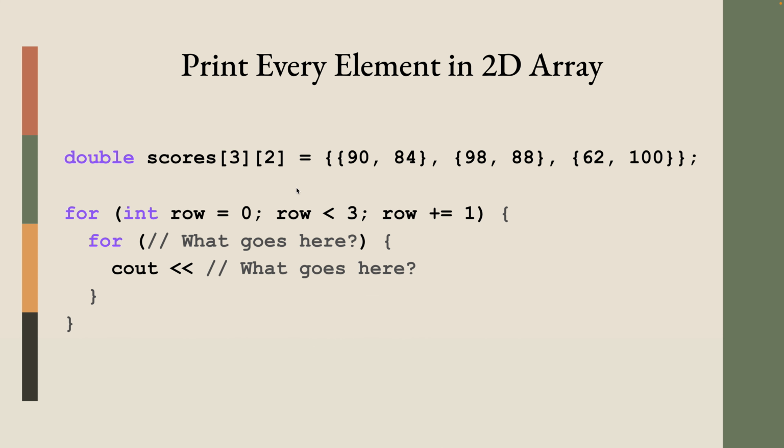So kind of like in the sets and reps problem, this is going to be our outer one, to go through it 3 times. What can go in the inner loop? For int col equals 0. What's the condition? Col less than 2. Yep, col plus equals 1. Okay, and now for the crux of the problem, what can we print out if we want to get every element? scores, bracket row, bracket col. Yeah.